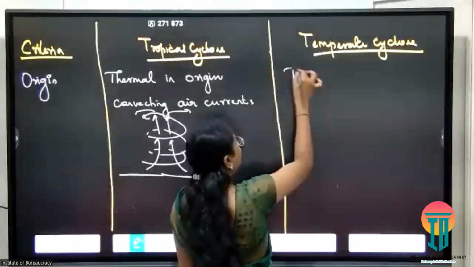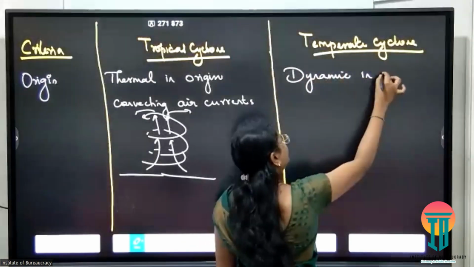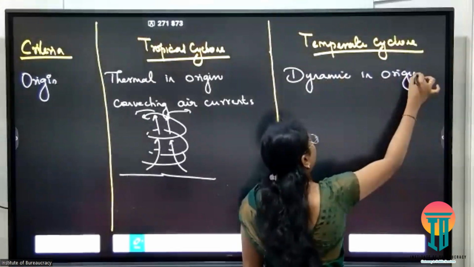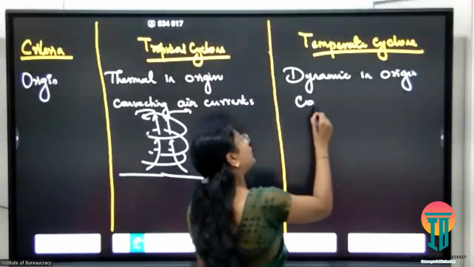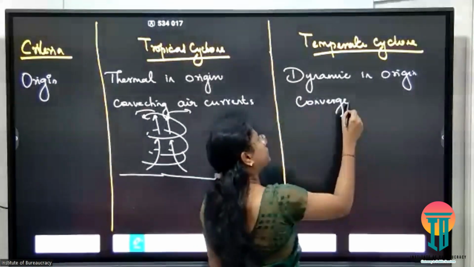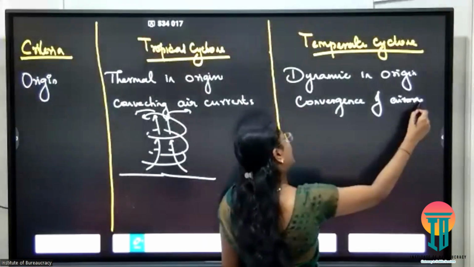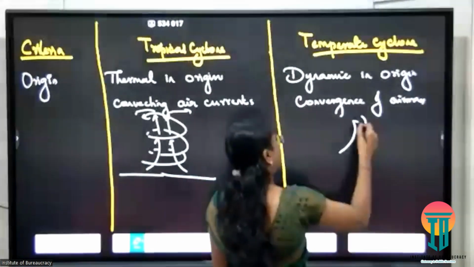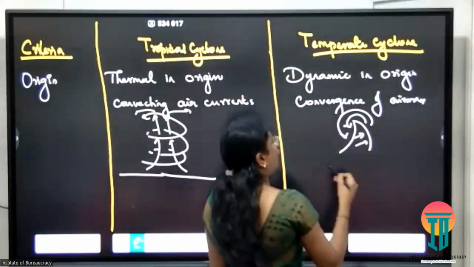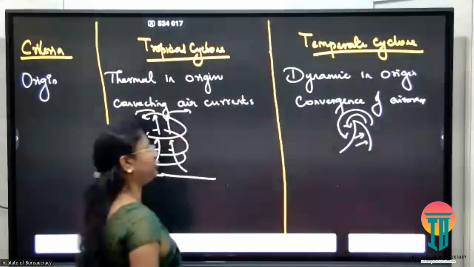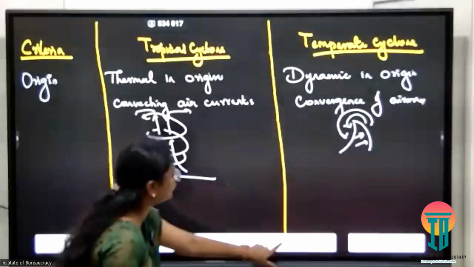They are dynamic in origin, meaning they are formed due to convergence of air masses. So warm air, cold air, warm front and cold front. Two air masses converge and they form the cyclones.